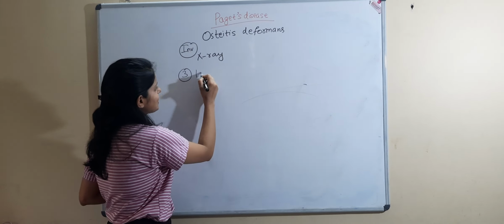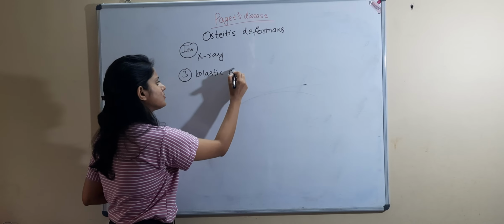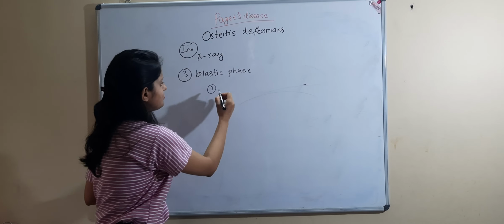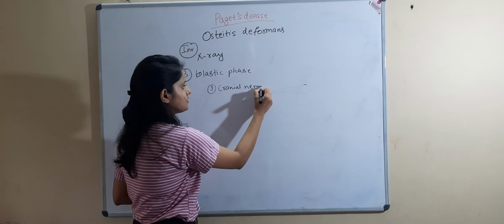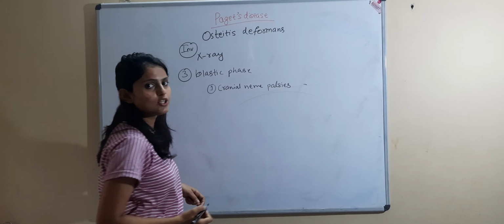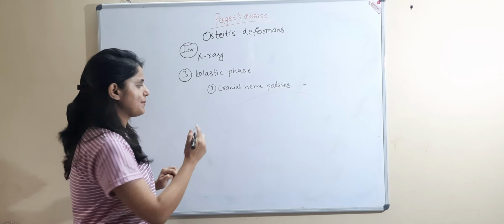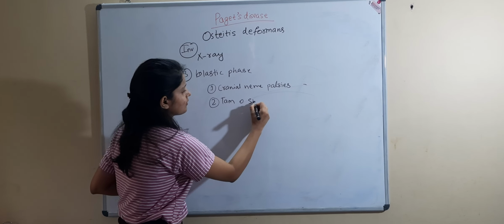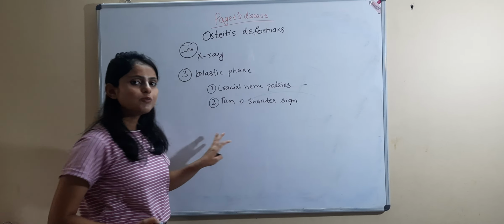Third, late stage, is the blastic phase. In this, there is too much bone formation by the osteoblasts, which will lead to nerve compression, mainly of the 2nd, 5th, 7th and 8th cranial nerves. Tam O'Shanter sign.